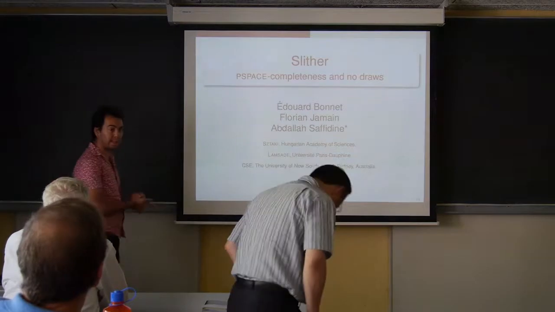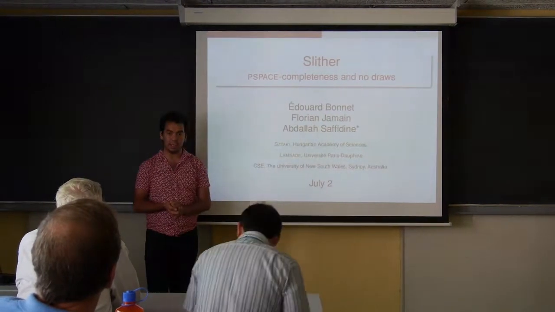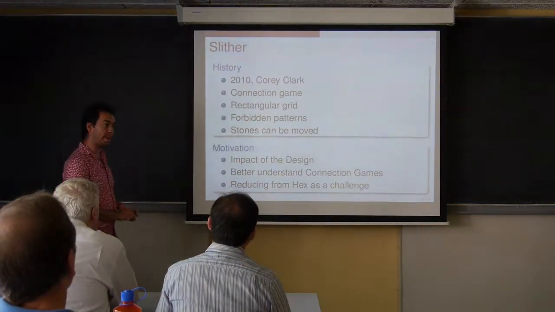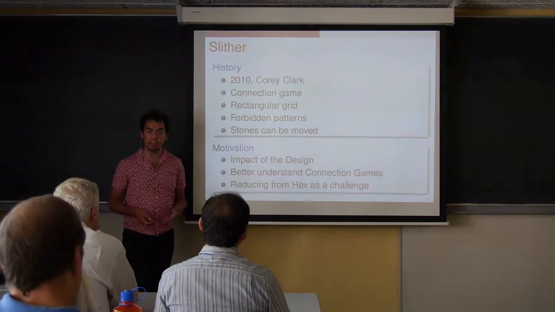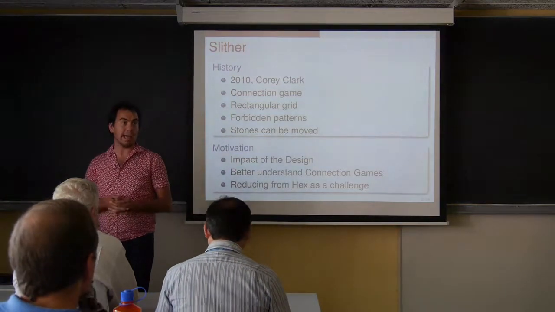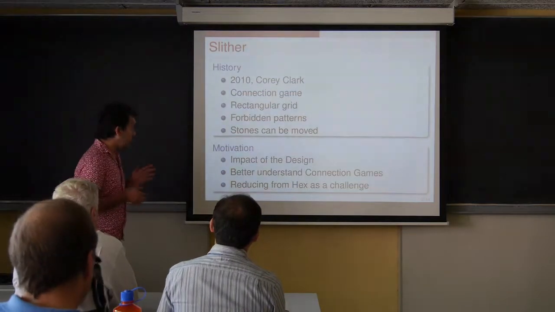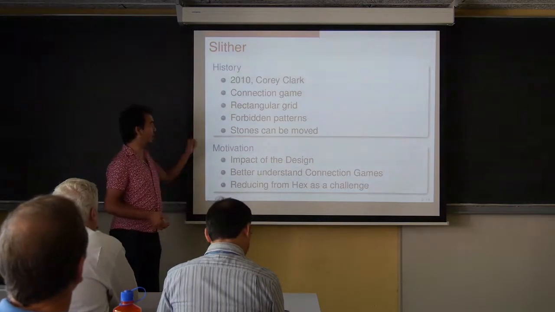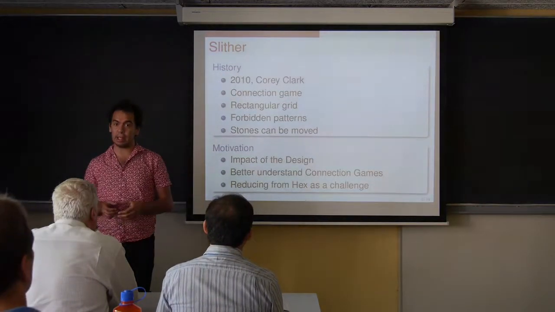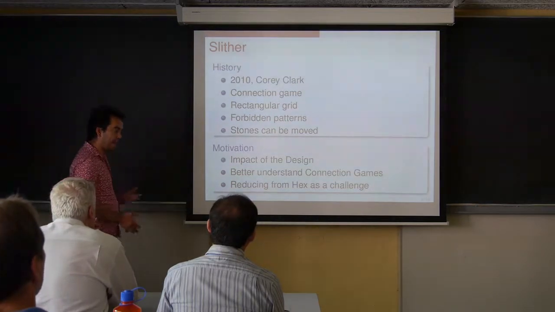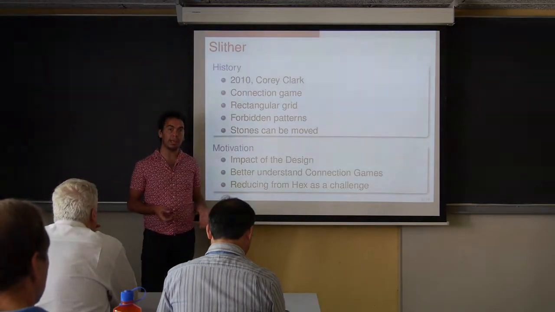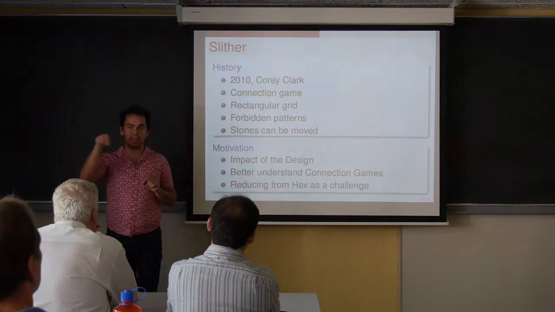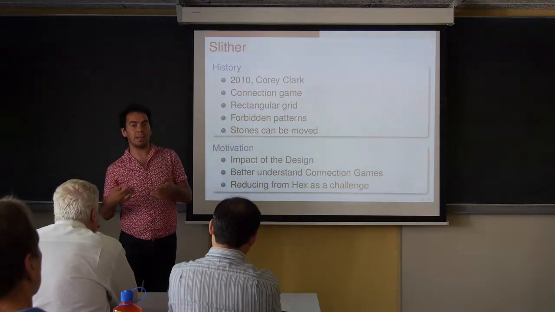Indeed, the paper that I'm presenting today focuses on the game Slither. Slither is a recent game that was introduced in 2010. It is a connection game, just like Hex, Havannah and Twixt. An interesting difference between Slither and Havannah or Hex is that it is played on a rectangular grid. That makes a big difference, because when you play a connection game on a rectangular grid, you have to cater for the fact that when you look at 4 adjacent cells, the diagonals, you have to decide whether they are connected or not.